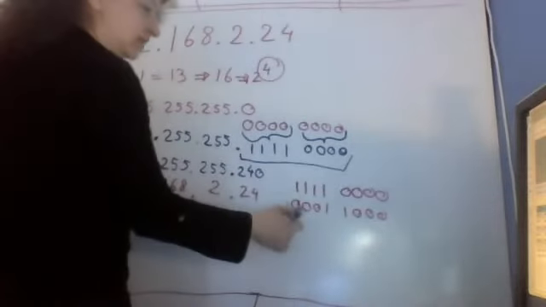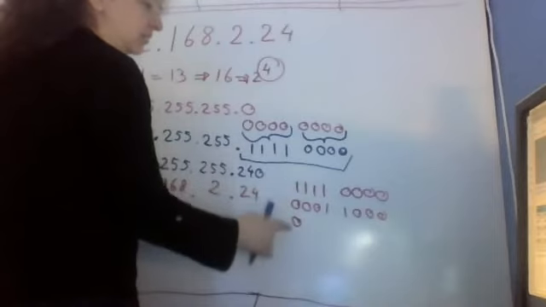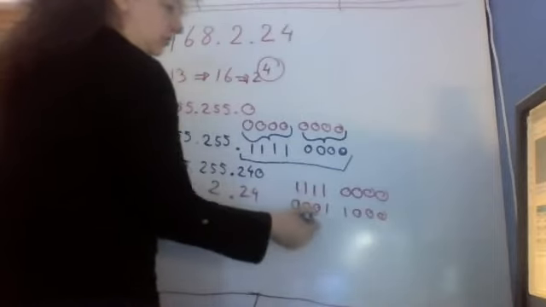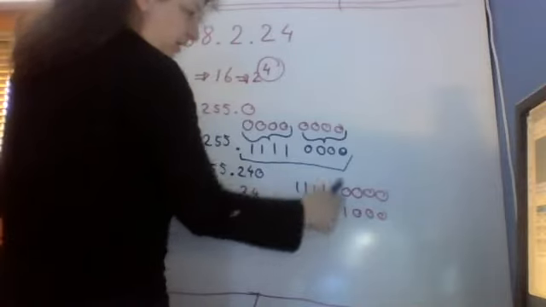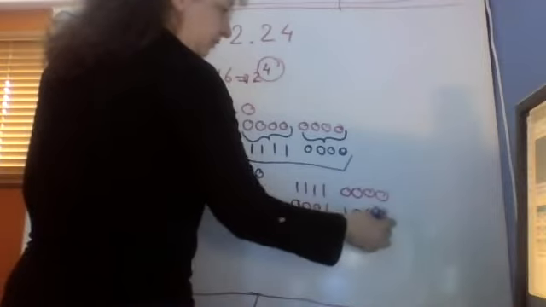That means 0 and 0 is 0, 1 and 0 is 0, 1 and 0, 0, 0, 1. All zeros, so we find all zeros.